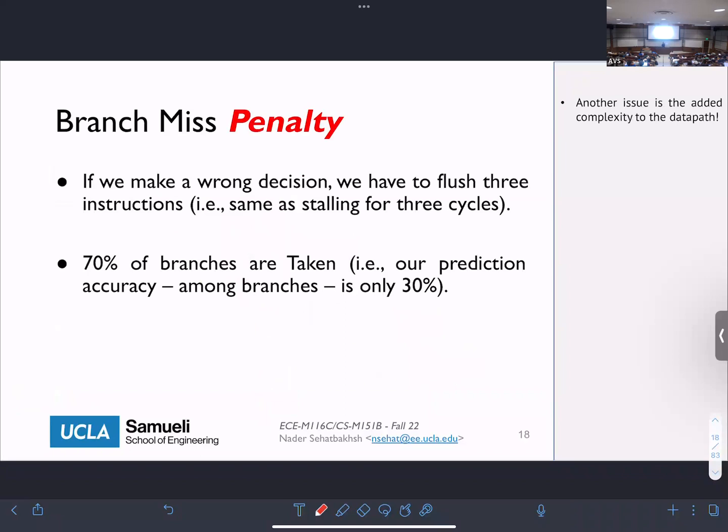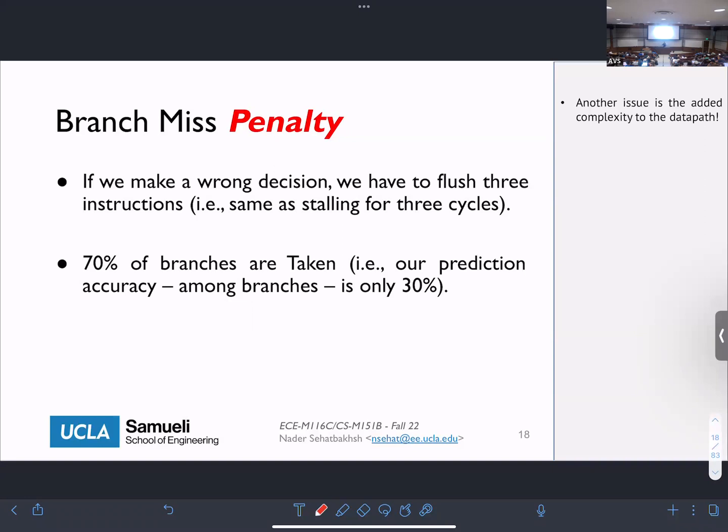So we call this the miss penalty, because the penalty of making an incorrect decision is that we need to replace our instructions with 3 zeros. Basically, when we are flushing 3 instructions, it's as if we are stalling the processor for those 3 cycles.